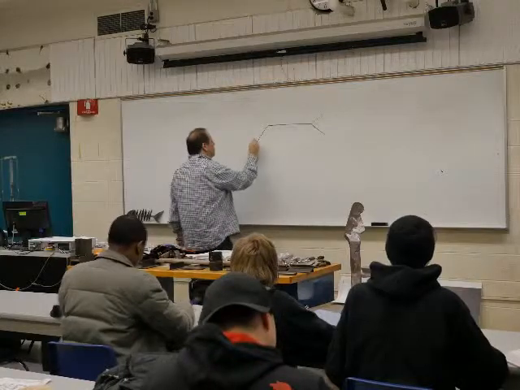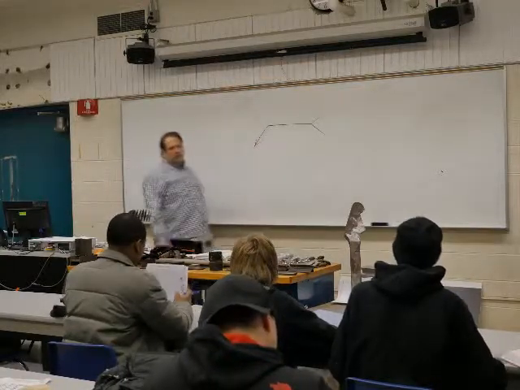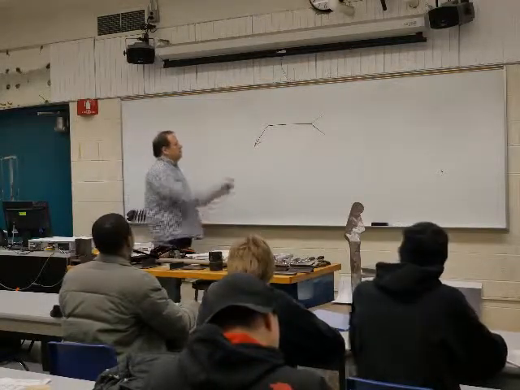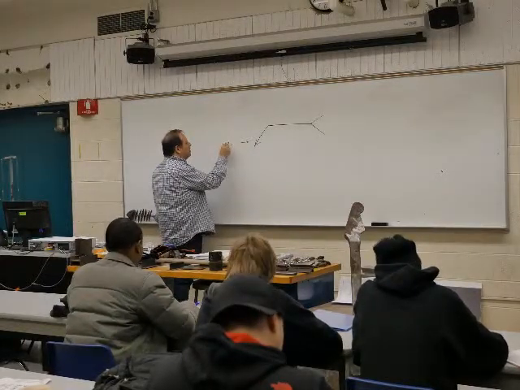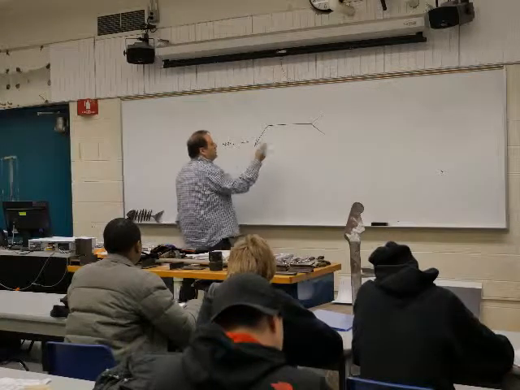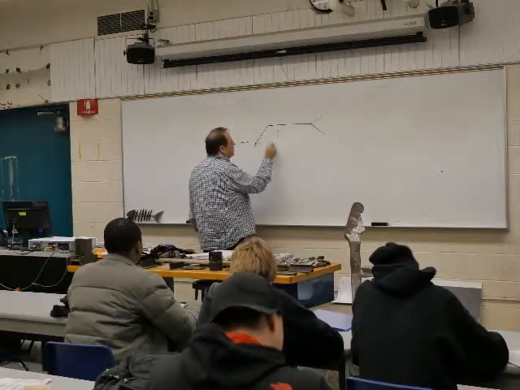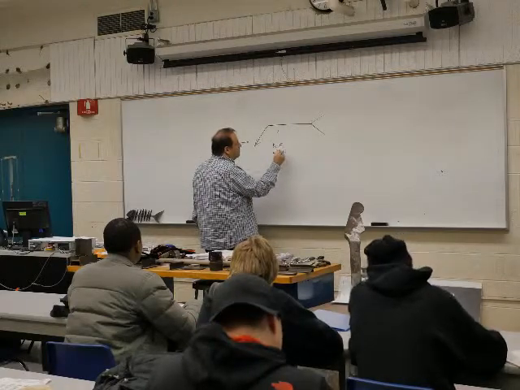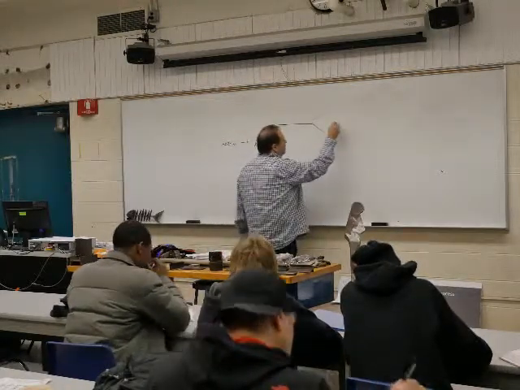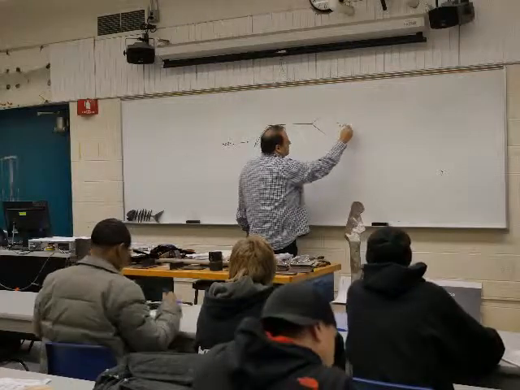Now there's actually three components to this diagram. This is, I think, obviously the arrow. This is the reference line. And this is called the tail.